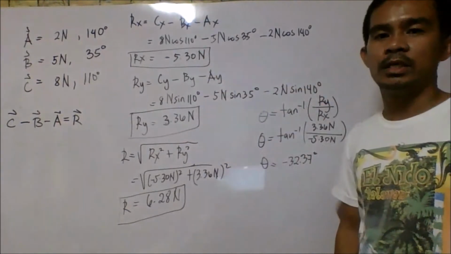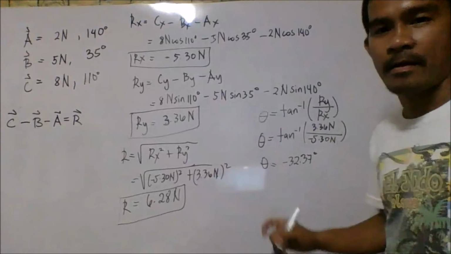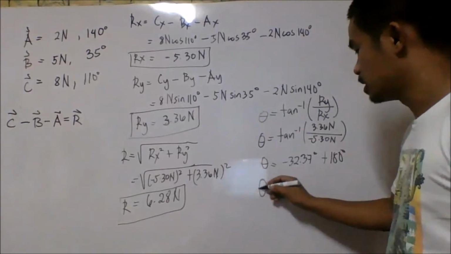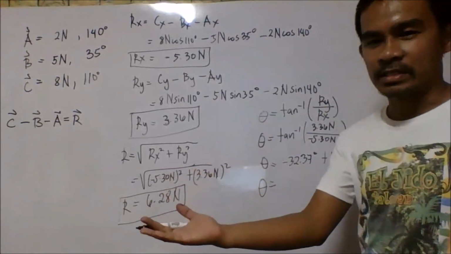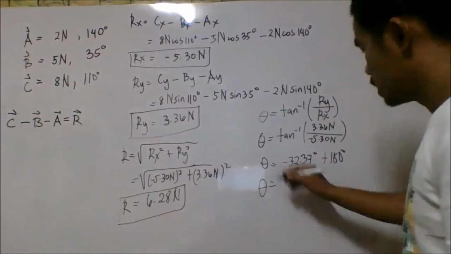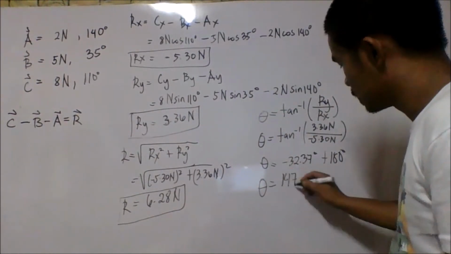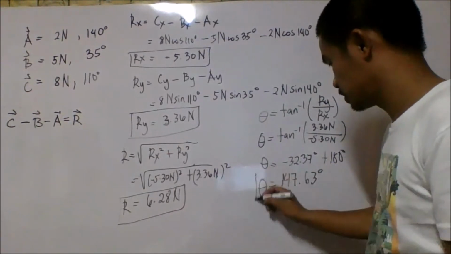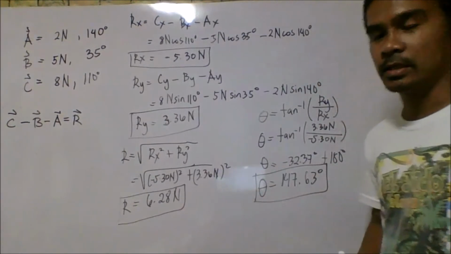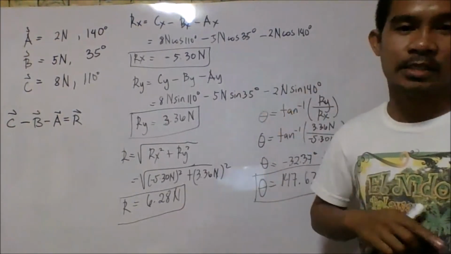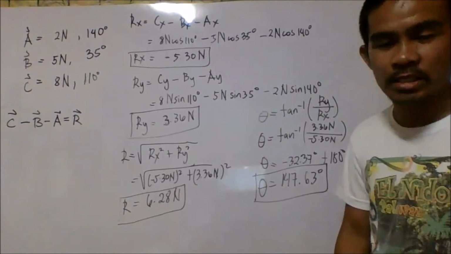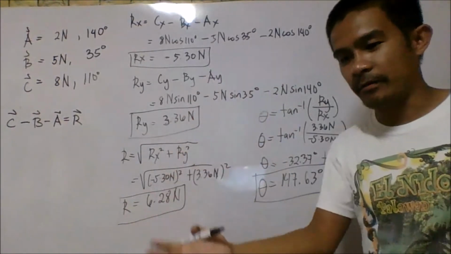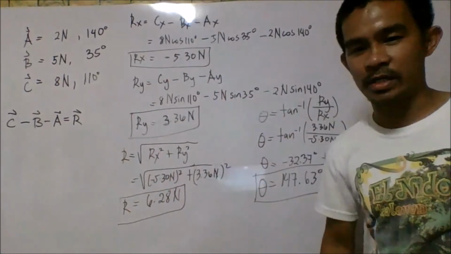one of the components is negative, then we will add 180 to theta. If we add 180 degrees, then the direction from positive x-axis in counterclockwise direction will be 147.63 degrees. So again, if one of the components is negative, then we need to add 180 degrees to theta, so to determine the direction of vector R from positive x-axis in counterclockwise direction.